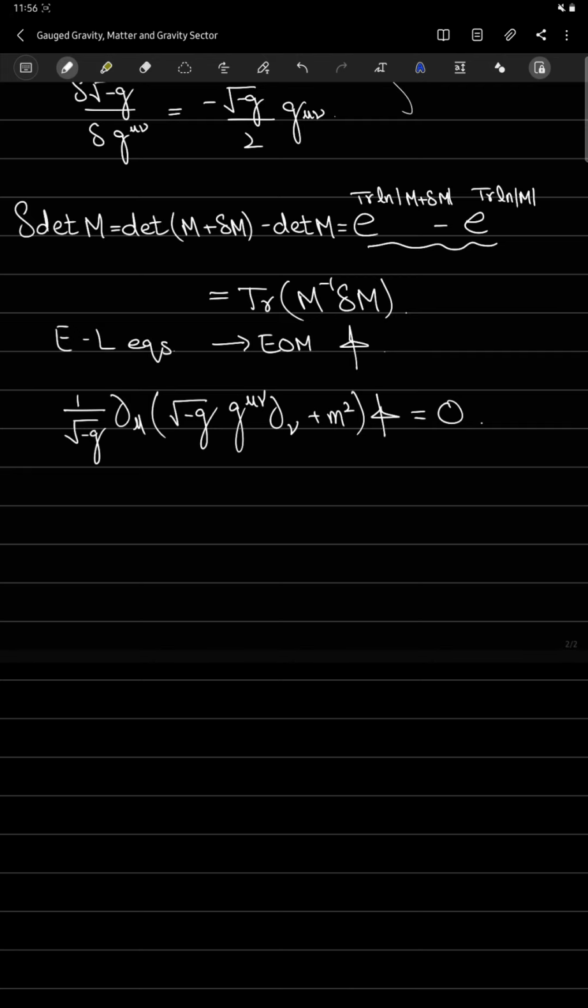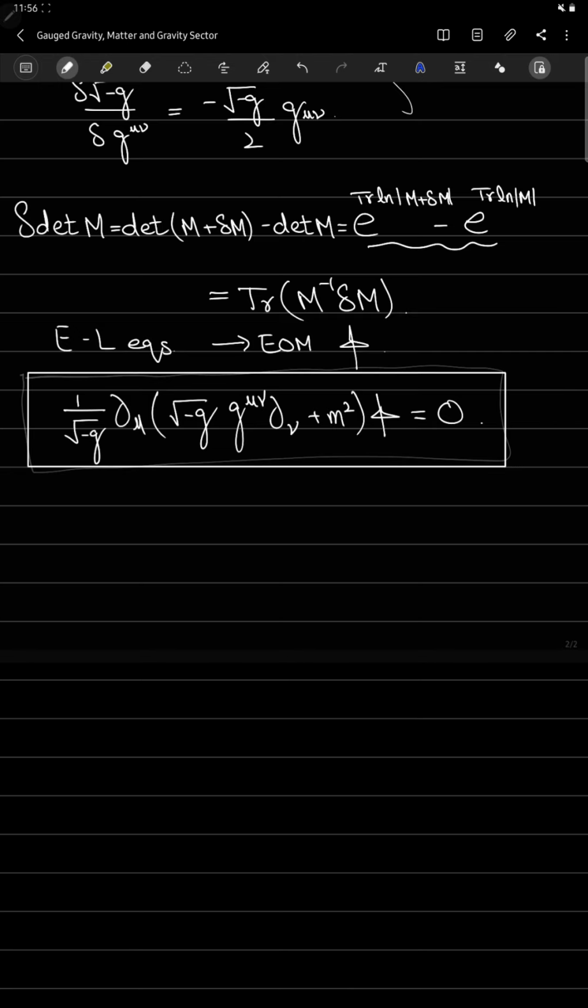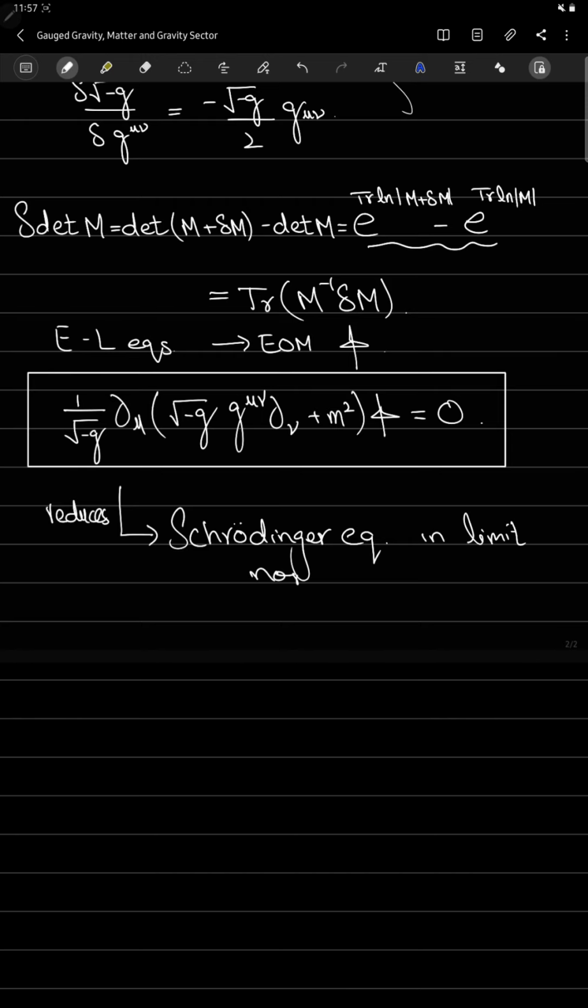Now, the interesting part is that you can reduce this equation of motion to Schrodinger's equation, in the limit of non-relativistic, if your field phi is a non-relativistic field.